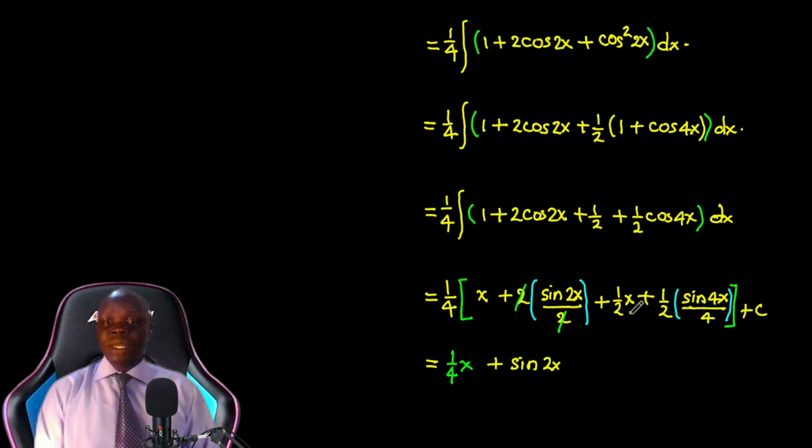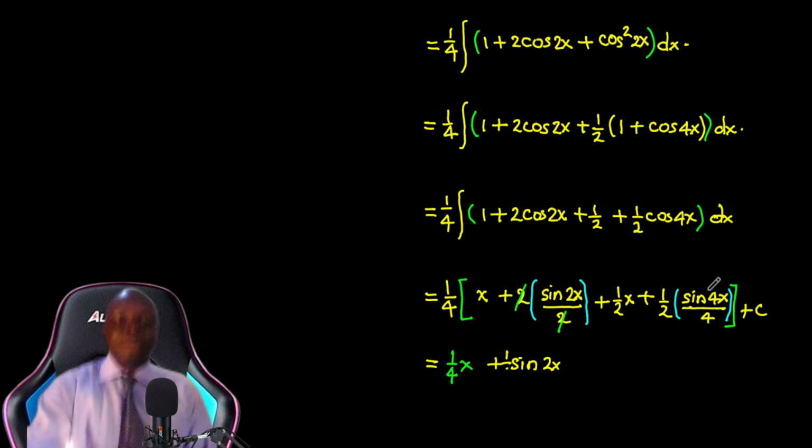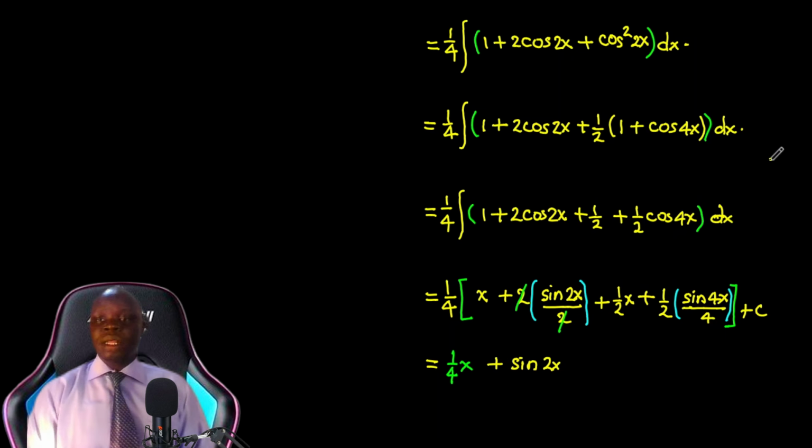Now the next one here, sorry, because we need to also multiply by this, we need to have this 1/4 attached to this term here. Maybe let's use a different color, and that is the green color here, because we have started it with green color. So 1/4 comes in here.